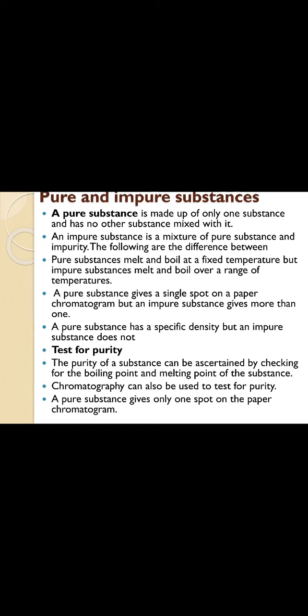As we move forward, you will understand what a paper chromatogram is before the end of the class. For impure substances, they give different spots on a paper chromatogram. Another difference is that pure substances have a specific density, while impure substances don't have a specific density.